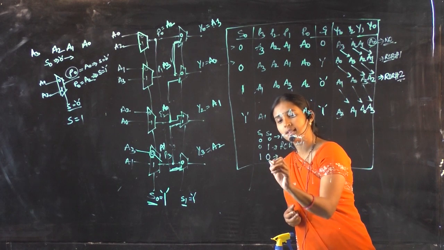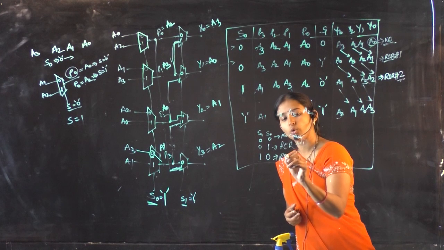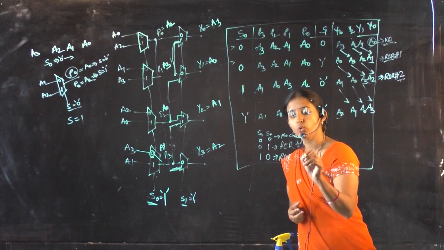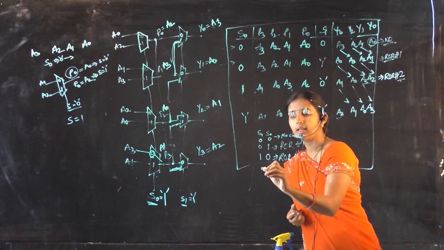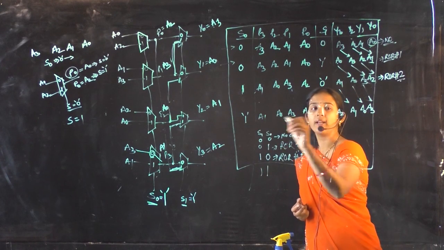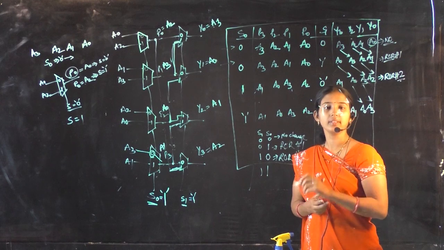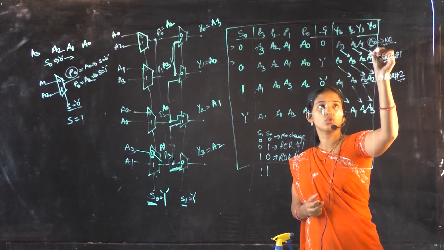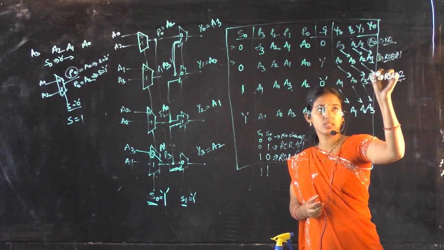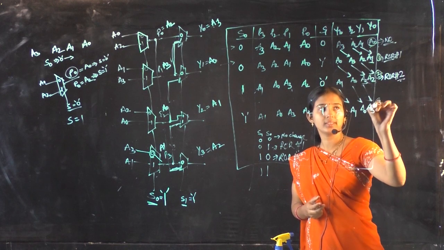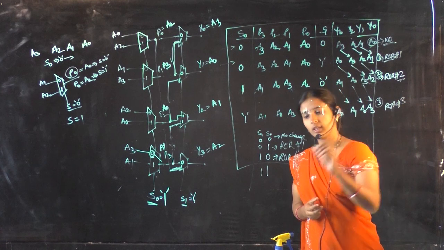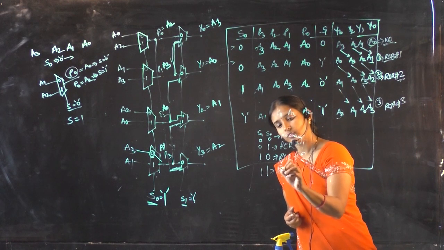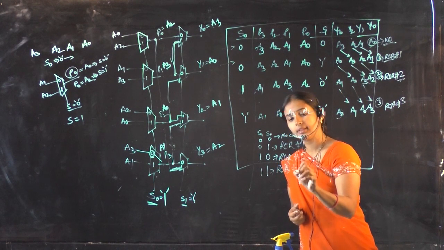That means if selection line is 1 0, it is rotated right by 2 times with the actual data. Again, like 1 1, if you take 1 1, what will be happening here? See here, this is first shift, this is your second shift, this is your third shift. That means rotate right by 3 shifts.